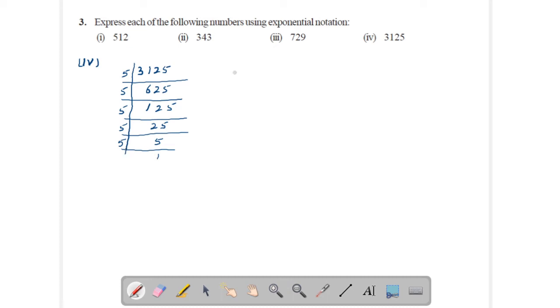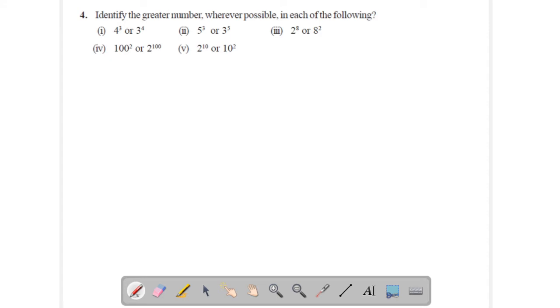Therefore, 3125 can be written as 5 into 5 into 5 into 5 into 5. That is, 5 is multiplied 5 times. Therefore, it can be written as 5 raised power 5. This is your answer. Now come to question number 4.